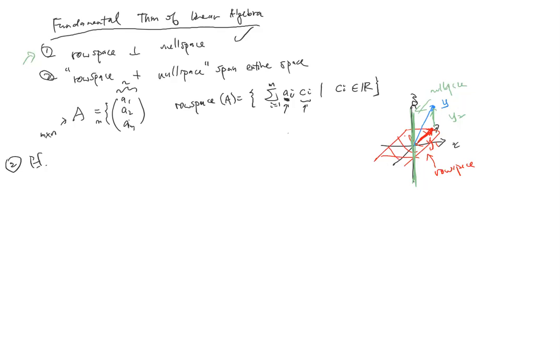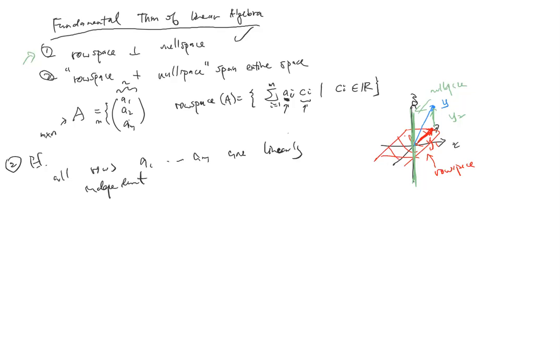So first thing, we can assume that all rows A1 up to Am are linearly independent. So we assume basically the matrix is full rank, in other words.